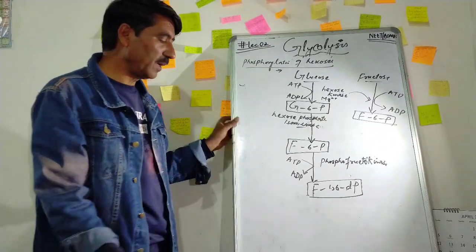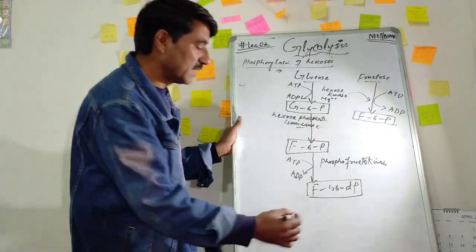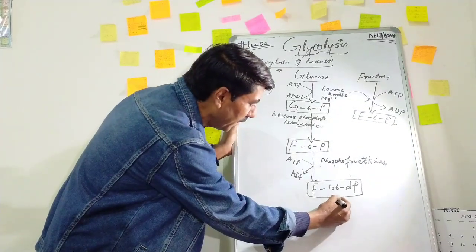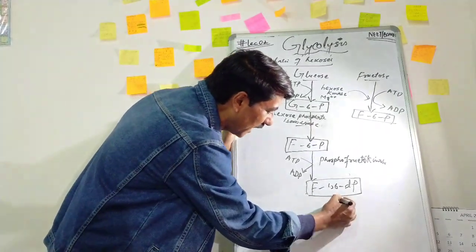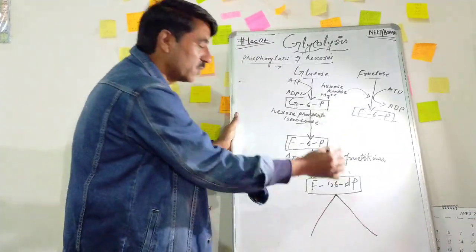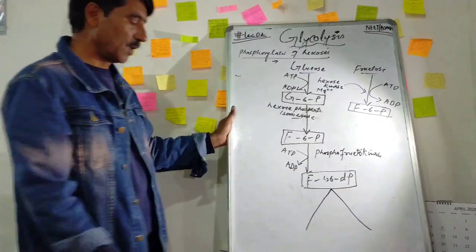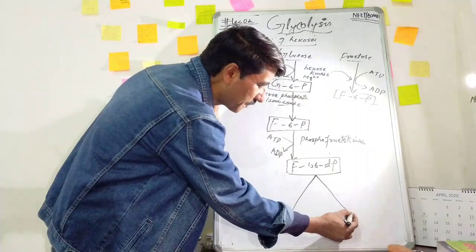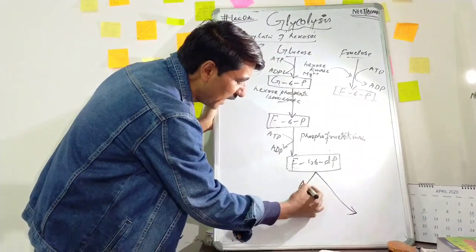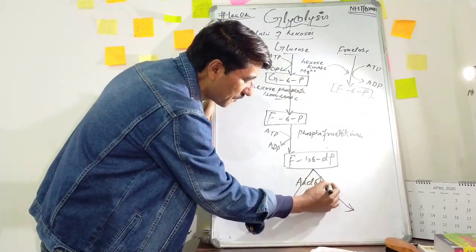Now there would be the actual step, that is splitting. Splitting of this hexose sugar, that is fructose 1,6 diphosphate, into two trioses in presence of the enzyme aldolase.